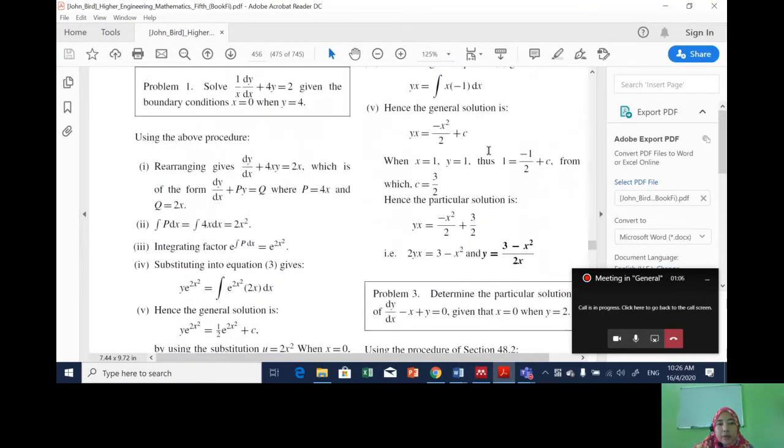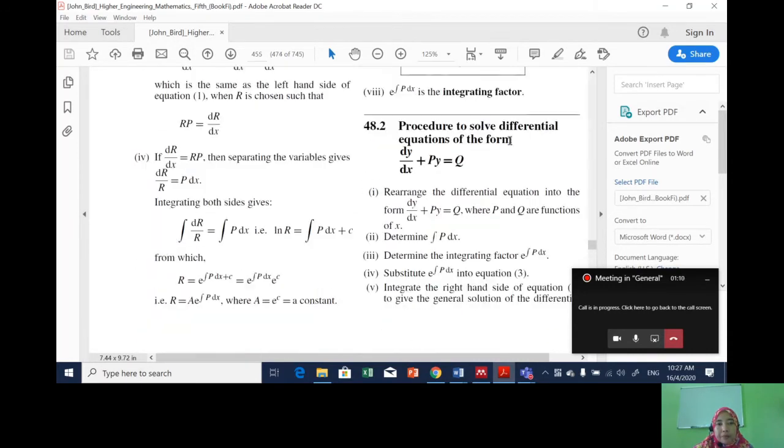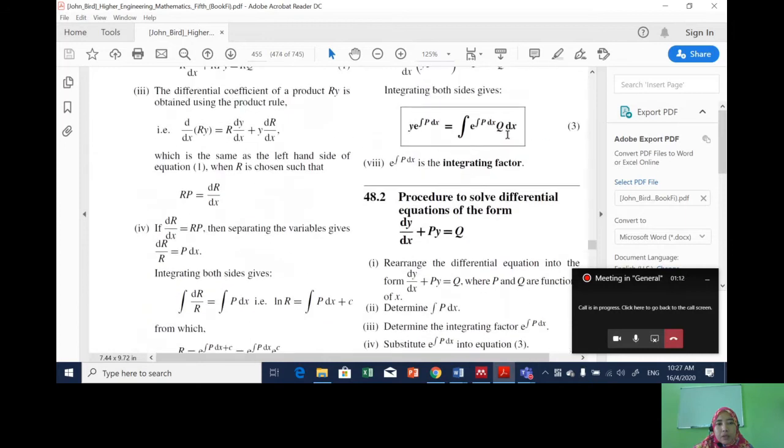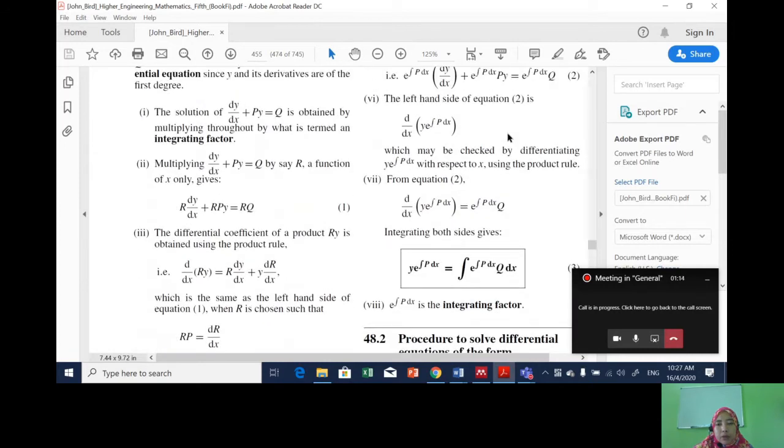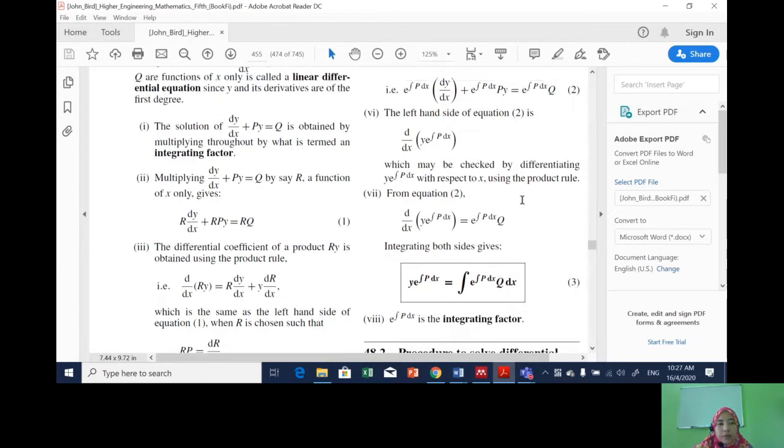I'm going to explain and describe briefly the steps of how we can apply the integrating factor or linear method for solving first linear ODE.